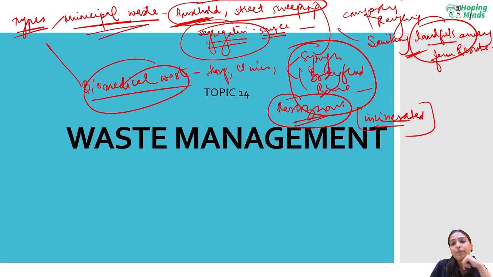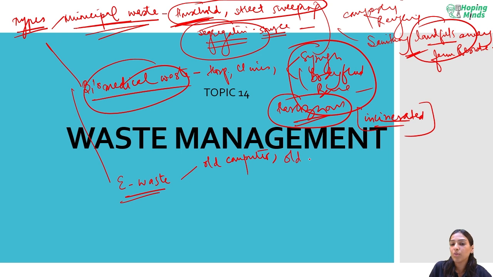And then for the next type we have electronic waste. In electronic waste, when you buy a new computer, you throw away your old computer. You buy a new phone, you throw away your old phone.